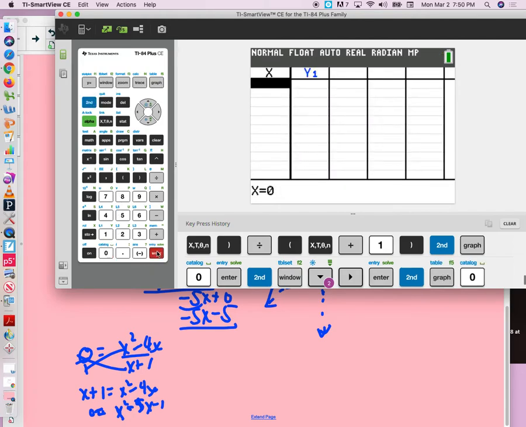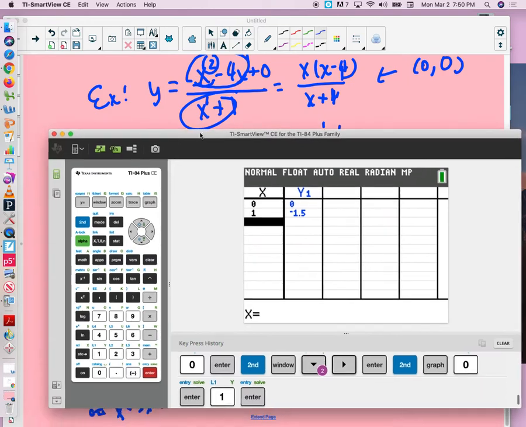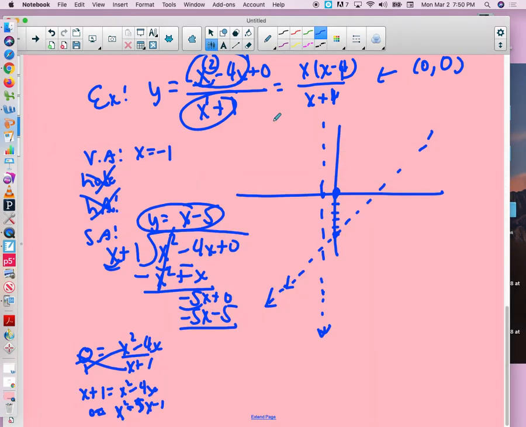0. Let's see what happens at 1. At 1, I get negative 1.5, so it must have another 0. I'll show you how I know that. At 1, I got negative 1.5, and so it has to probably come down through here and go back up this way.